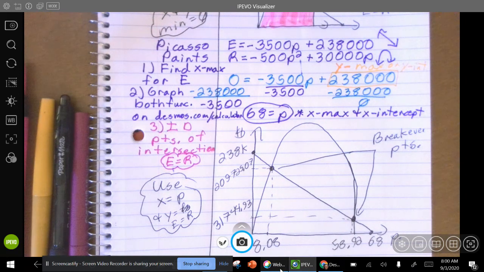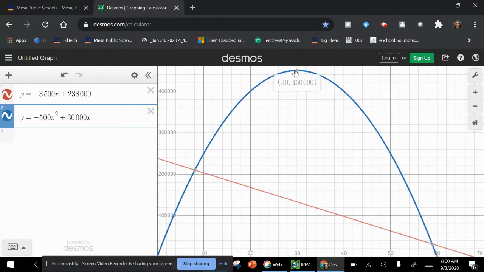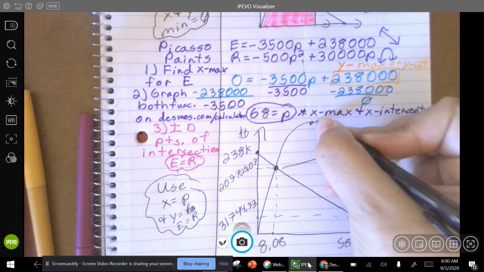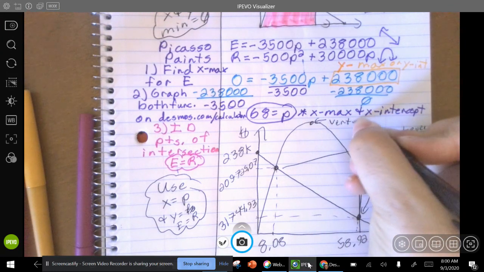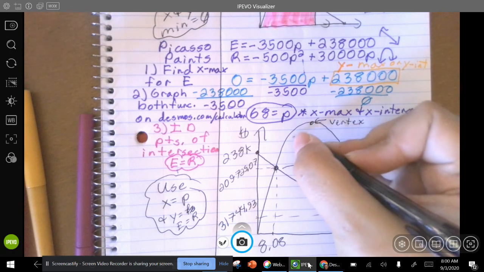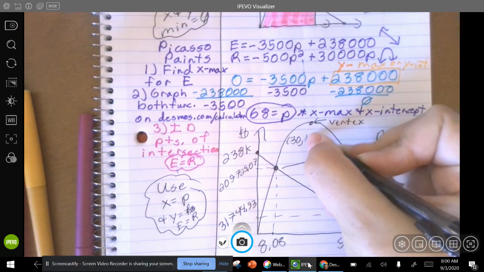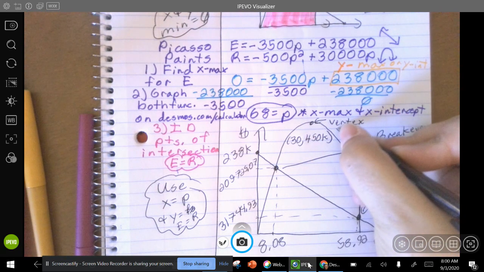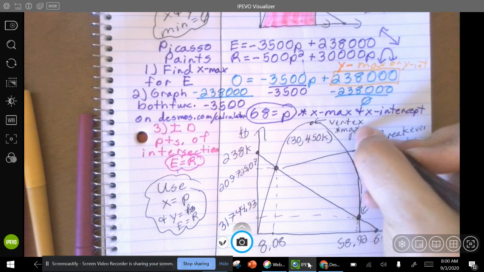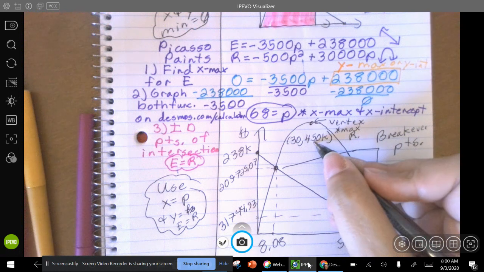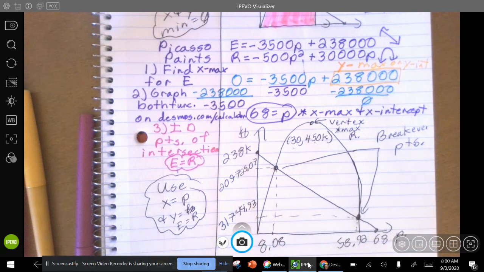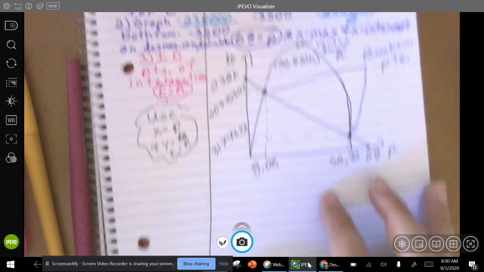I also wanted to add on here real quick: our maximum here is our maximum revenue, so that's the vertex, which was at 30 and then 450,000. So our maximum revenue is the Y value, and the maximum price is 30.